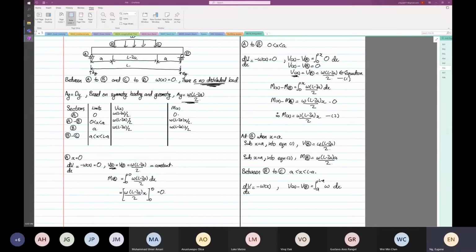Okay, so now you have V as a function of X. Now V_B we know from the previous point is equal to omega (L minus 2A) over 2.